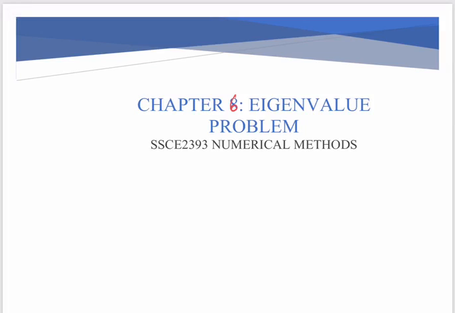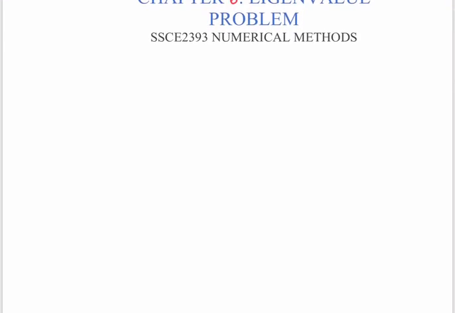In this chapter, we will discuss, if we are given a matrix A, for example, A is an n by n matrix, so that we have A11, A12, A13, A21, A22, A23, A31, A32, A33, and then we want to find the eigenvalue for this matrix A.